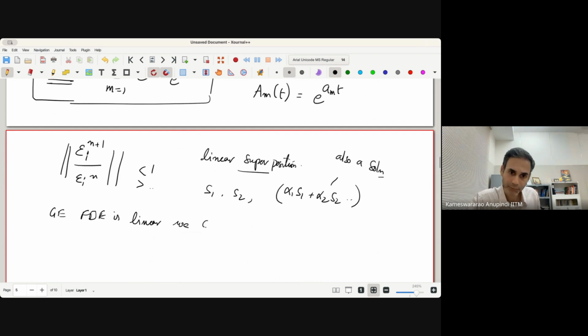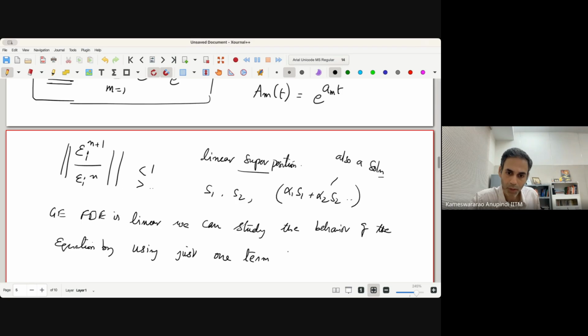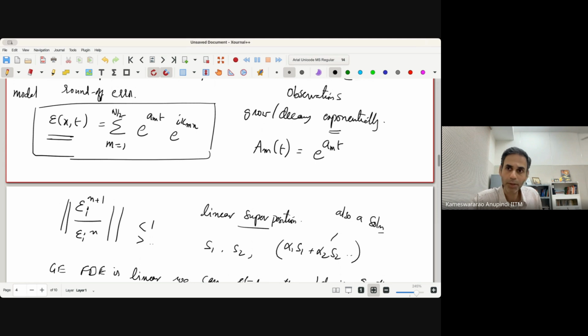We can study the behavior of the equation by using just one term of the solution. What we are saying is that we have several terms here, going from m equals 1 to N by 2.